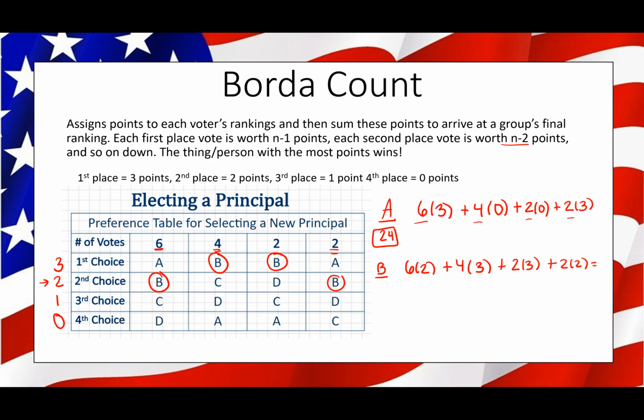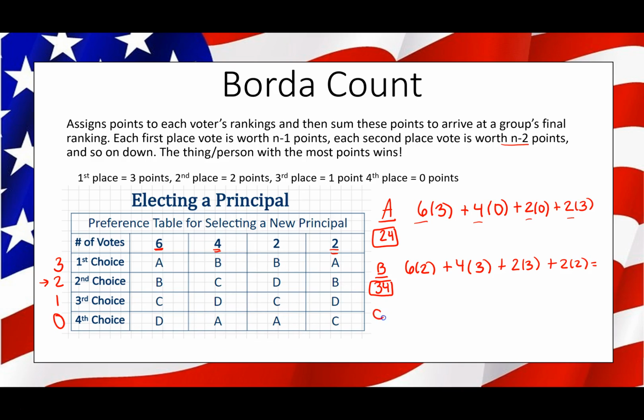You can do this in your head or on a calculator, but I get 34. So far B is winning. And that kind of makes sense because all these A's on the bottom here, that's no good.